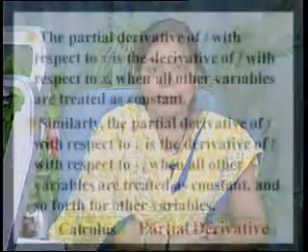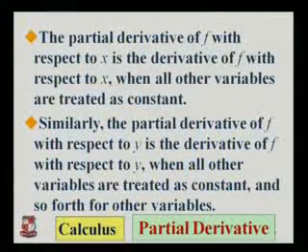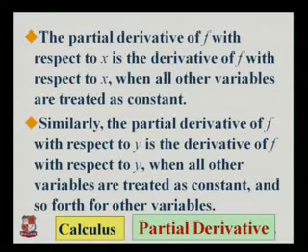That is the main process. Similarly, the partial derivative of f with respect to y is the derivative of f with respect to y when other variables are treated as constants and behave as they are.